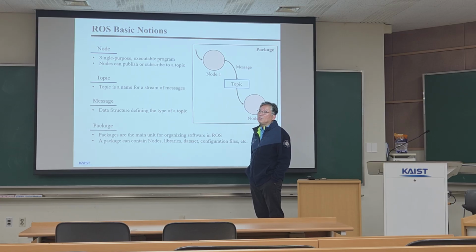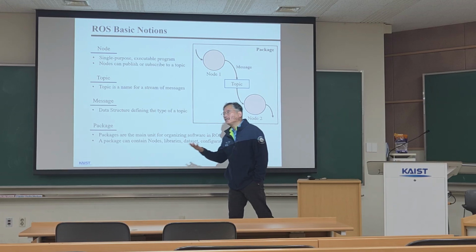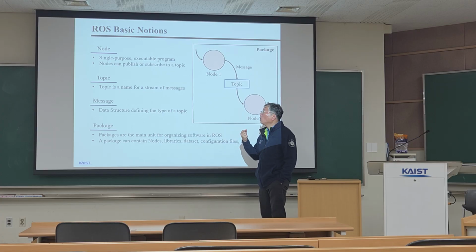You have a camera, okay, which receives images, and those images have to be sent to the YOLO program. And YOLO processes that image and then produces the output, and it sends it out.